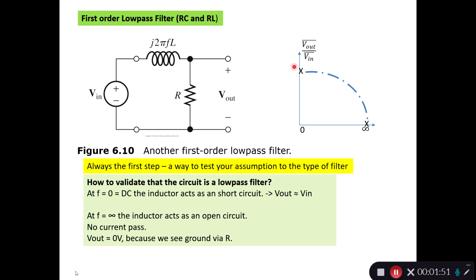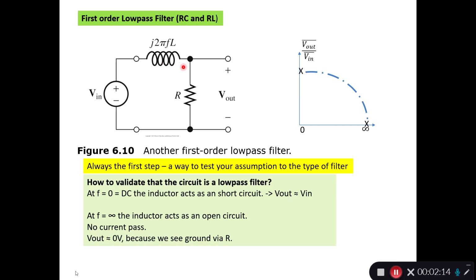The transfer function output. So we test the circuit by saying, okay, V in now has a frequency of DC. So how would V out become? If we have DC, so zero frequency, the inductor impedance actually becomes a very big zero.